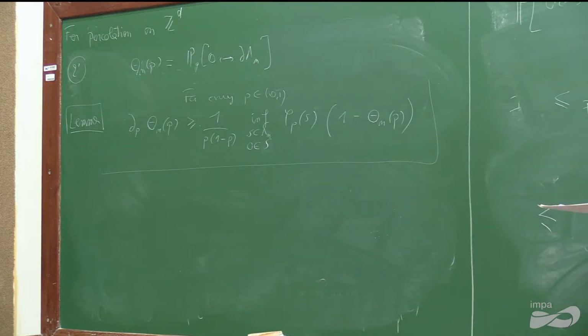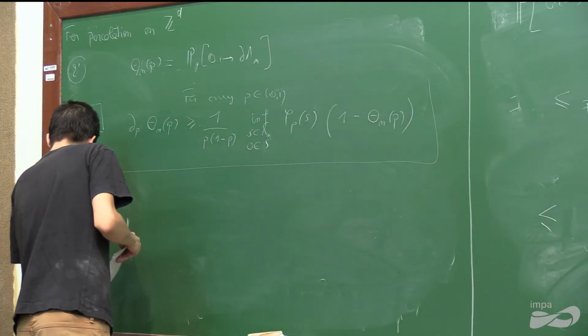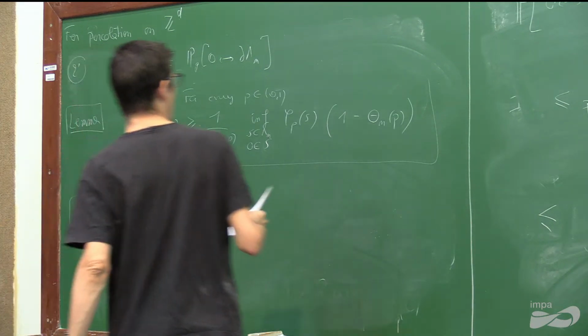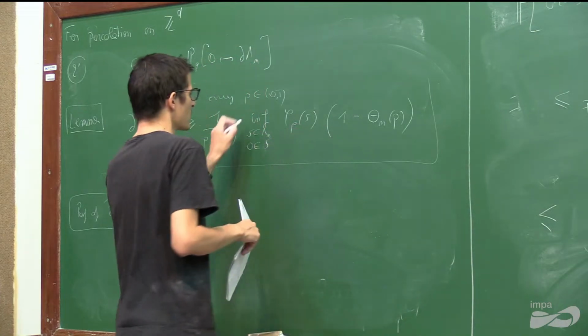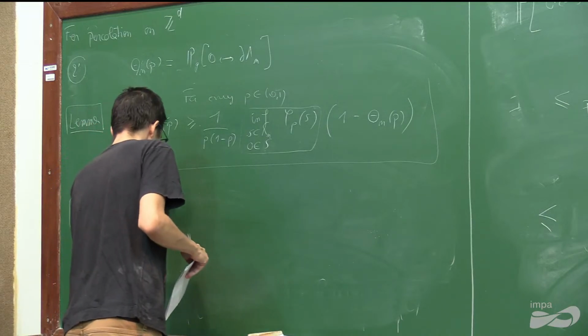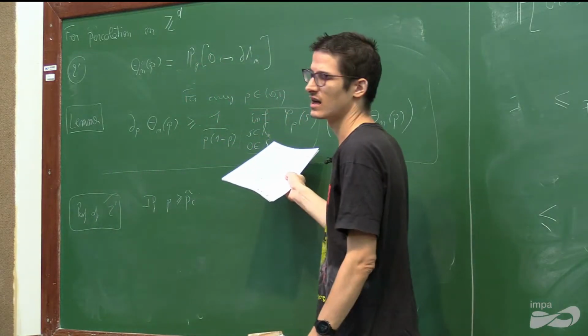And let me first show you why this implies the desired lower bound on theta p. The idea is just to integrate this out. So if p is larger or equal than p_c, this infimum is larger than 1 by definition.